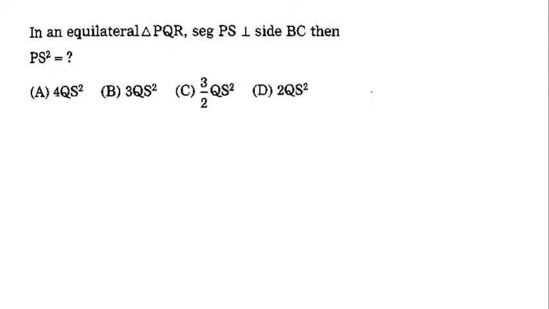So for this question the equilateral triangle is given. So first of all we should draw an equilateral triangle. So let us consider this is an equilateral triangle PQR. Okay. Now PS is perpendicular to QR. That means from vertex P we have to draw a perpendicular on its opposite side.